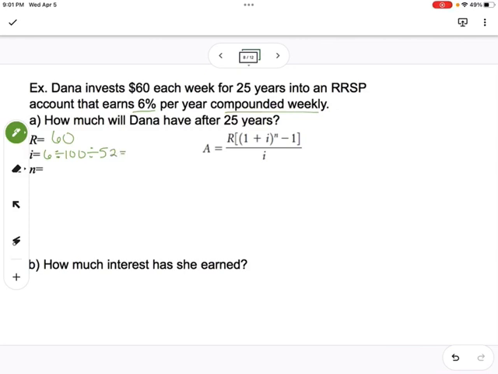So 6 divided by 100 divided by 52 gives us 0.00115385. Okay, a big decimal there.